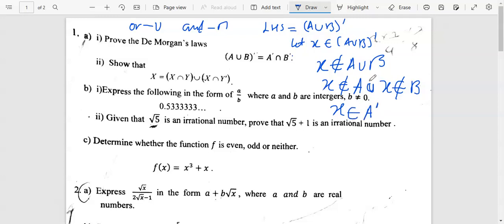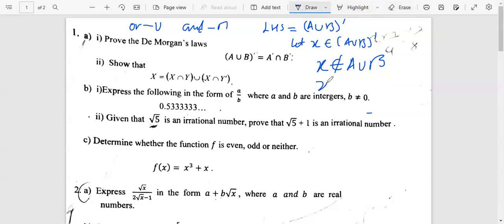Now, I'm sorry, I've not put a word. I was supposed to use a word first before we proceed.